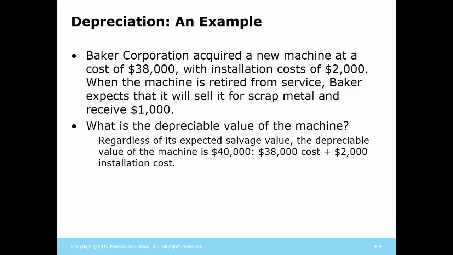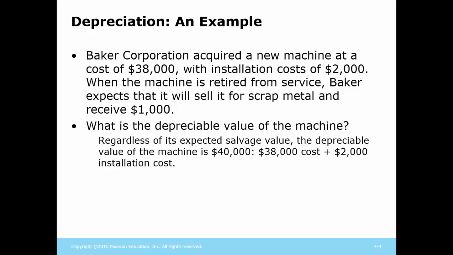So here we have a company, we have a new asset, a new machine, that costs $38,000, and it costs $2,000 to install it. Ultimately, when that machine's retired, we're going to be able to sell it for $1,000. So the first question is, what is the depreciable value of this machine?